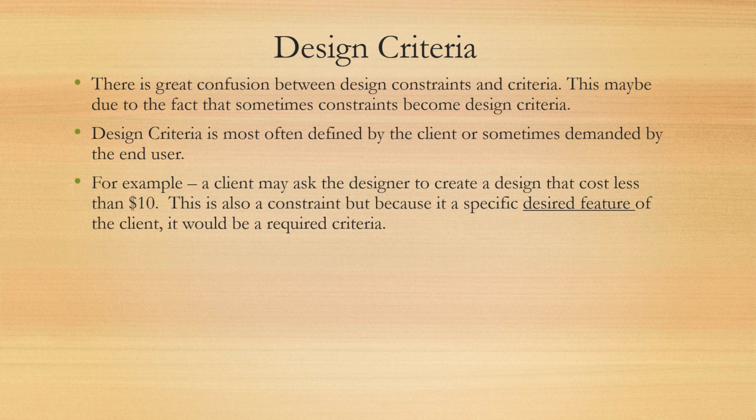This is something that we are going to keep an eye on as we design our final solution, because we know the client is really demanding that we address this one. It's a desired feature of the final design solution. So again, I tried to define criteria by really thinking about this desired feature that the client has identified.